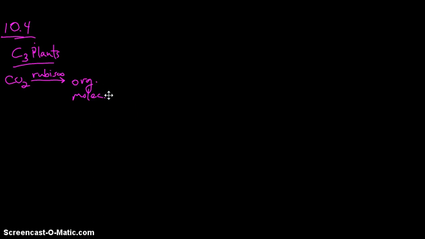Now, there are certain situations, though, in which access and concentrations of carbon dioxide will change. If we think of the mesophyll of a leaf, there's the palisade mesophyll and the loose, spongy mesophyll.